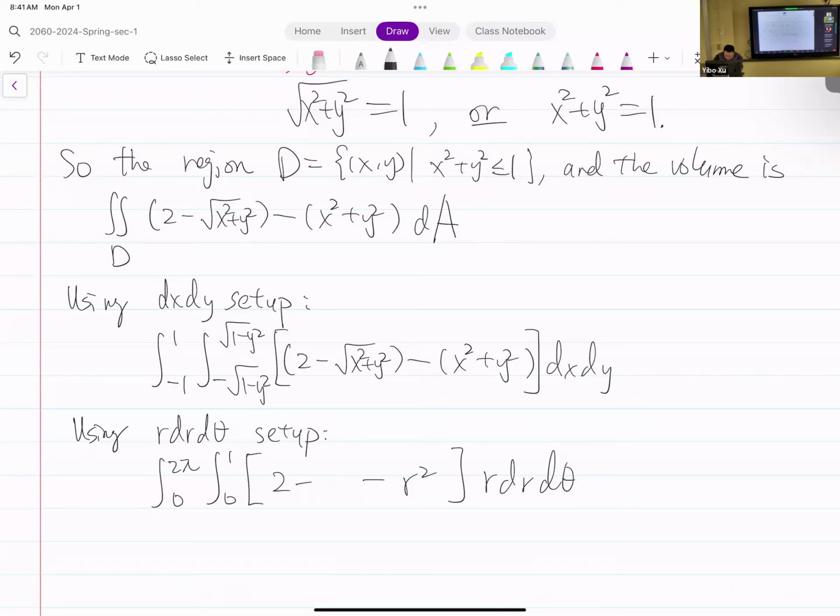Instead of directly writing r, let me write one more step. Basically, this is the square root of r squared, which of course equals r, since our radius is between 0 and 1.